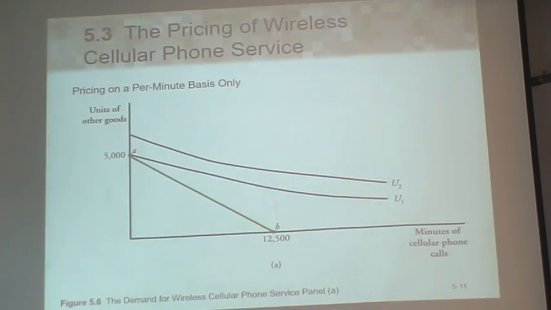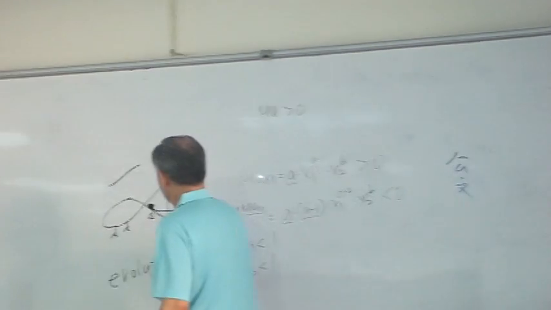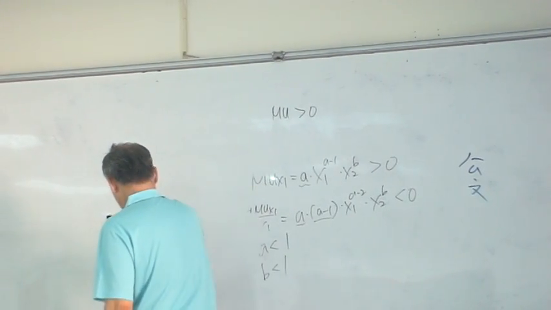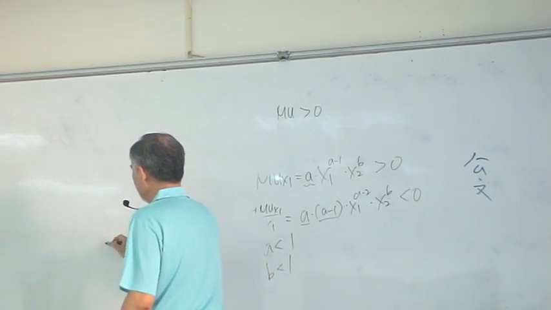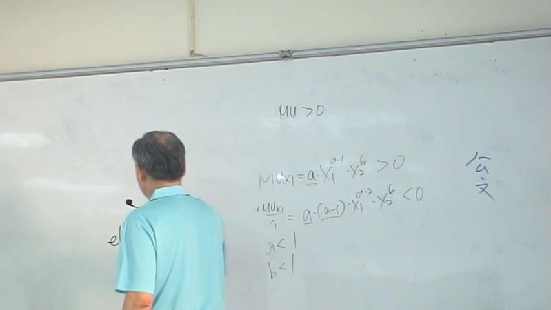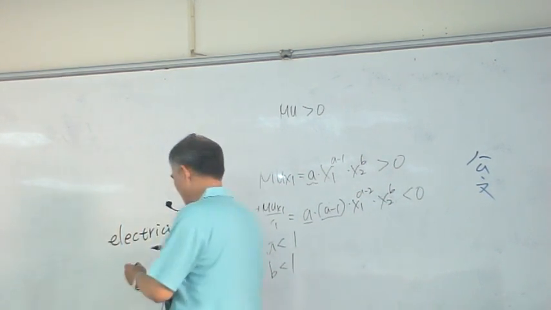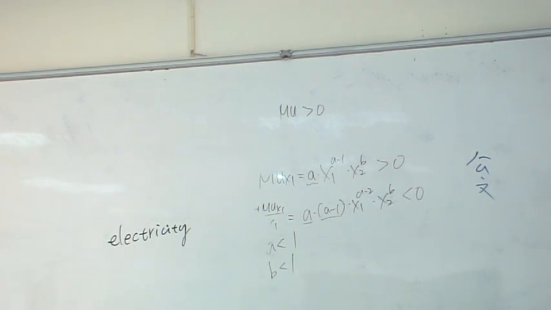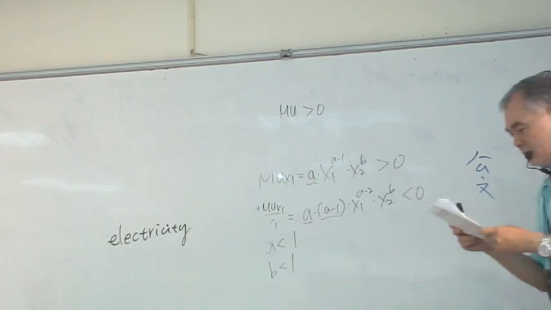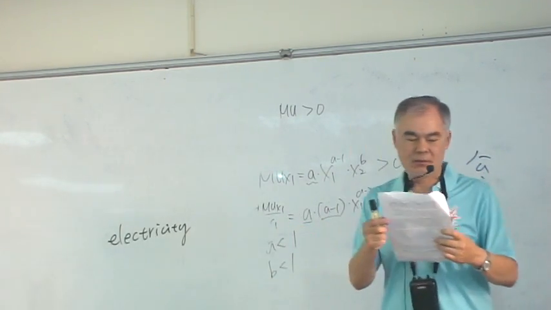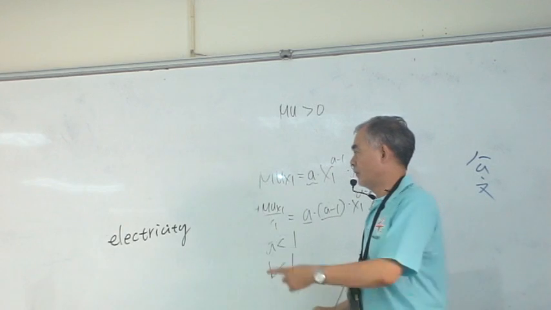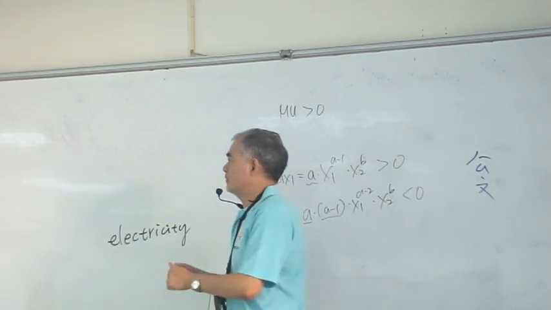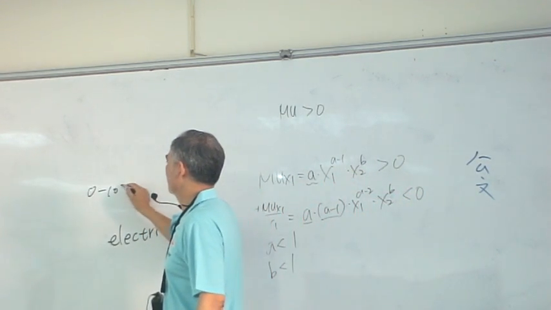So let us talk about electricity charge. Okay. Any one of you have paid for electricity? Nope. What's the rate for electricity? I think it is from 0 to 100.